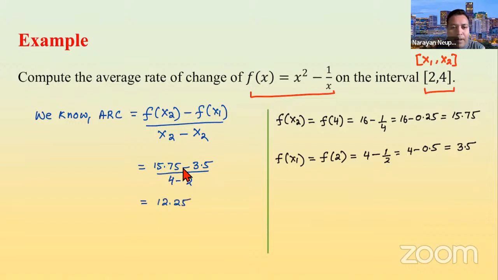You can also subtract that using a calculator if you want. 15.75 minus 3.5 is 12.25. Divided by 4 minus 2, which is 2. And when you divide this, 12.25 divided by 2, that will be 6.125. So the average rate of change is 6.125.